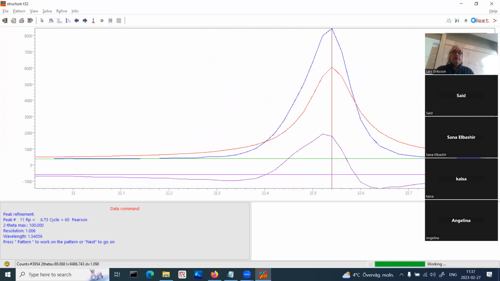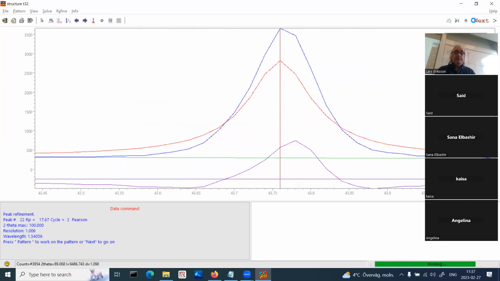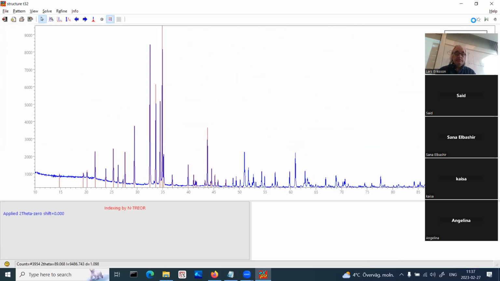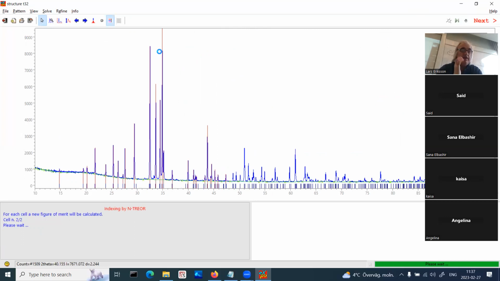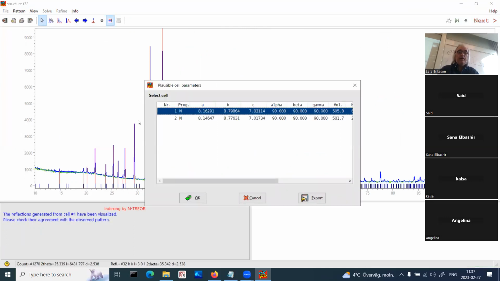First, Expo makes a fit of the peak positions. And here comes out a couple of unit cells.